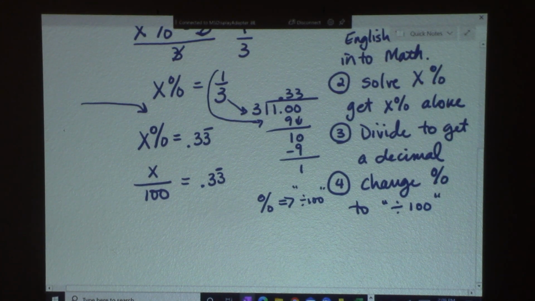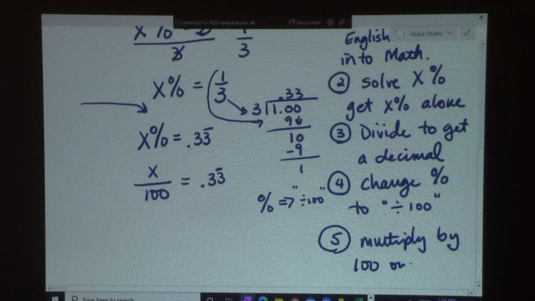So here I have this. And I want to get x alone, so the last thing I'm going to do is multiply by 100 on both sides. Okay, so I'm going to multiply by 100, and all that does, these cancel.